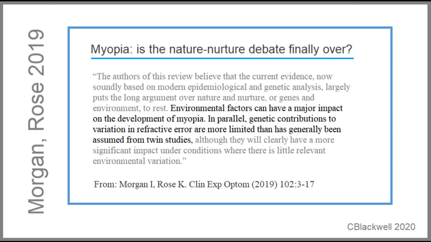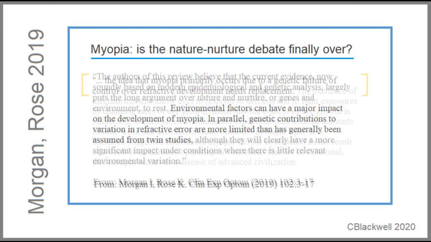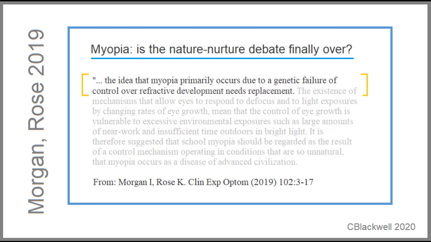First, quote, environmental factors can have a major impact on development of myopia. In parallel, genetic contributions to variations in refractive error are more limited than has been generally assumed from twin studies. Second, quote, the idea that myopia primarily occurs due to a genetic failure of control over refractive development needs replacement.